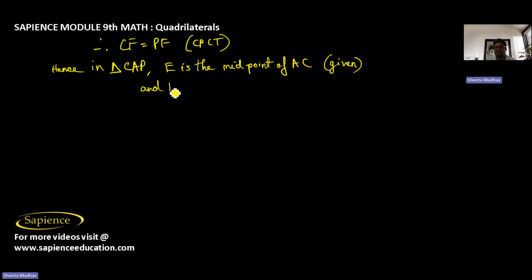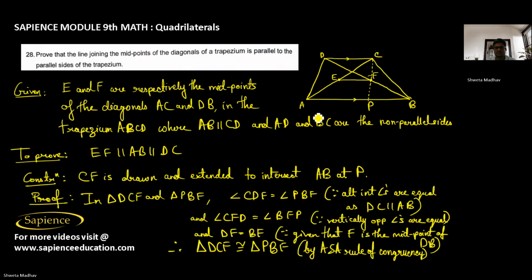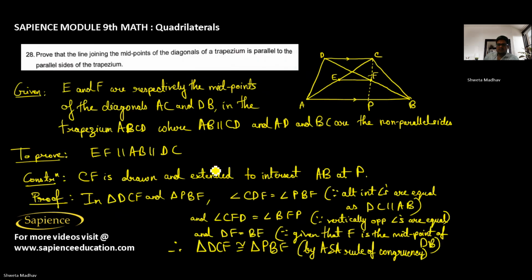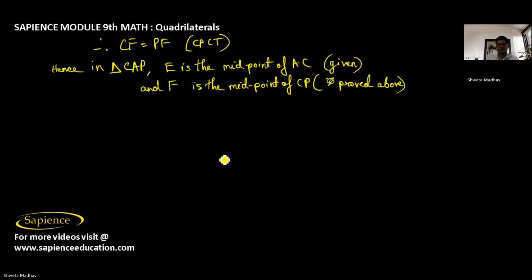And similarly, F is the midpoint of CP, since CF is equal to PF, which is proved above.